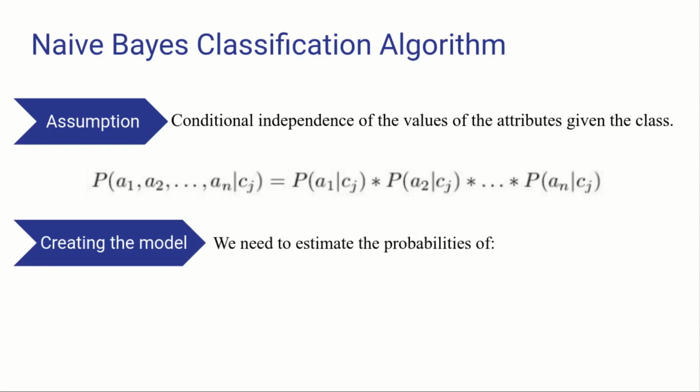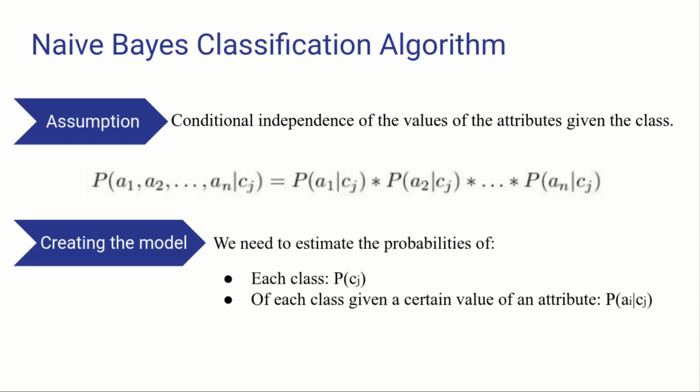So let's just review what we have seen so far: the naive Bayes classification algorithm depends on a probabilistic model, and this probabilistic model is built through the estimation of the probabilities of each class, and of each class given a certain value of an attribute.